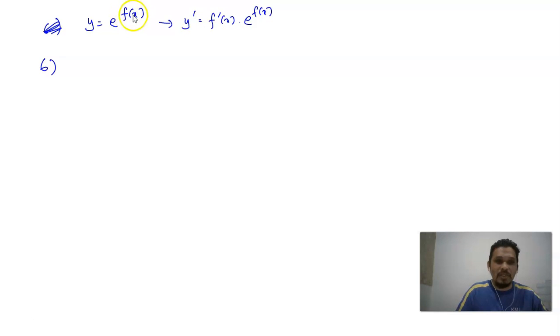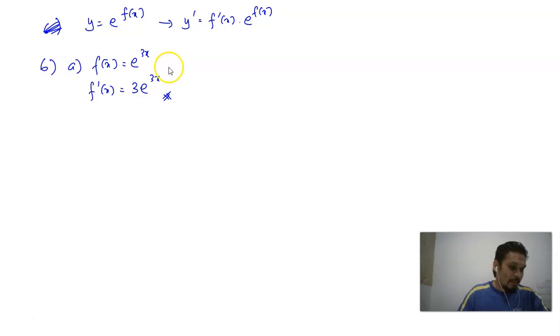So the first question here, f(x) equals e to the power of 3x. So then f prime x, differentiate 3x, gives 3e to the power of 3x.